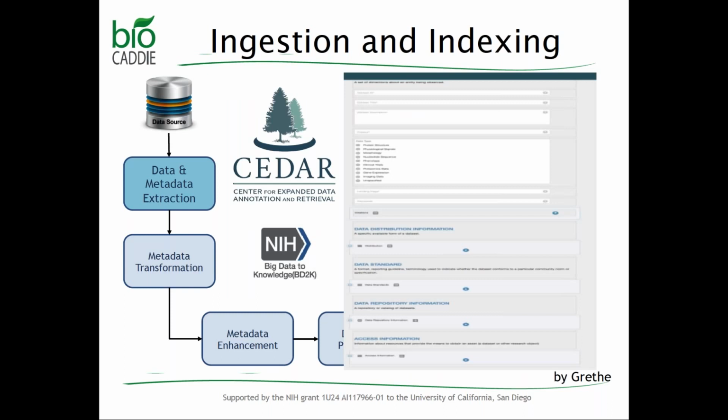Also, the collaboration with CEDAR is such that, remember, there were data sets that were not already aggregated, and that the data contributors would be annotating those data sets or creating those metadata, populating the metadata for us.